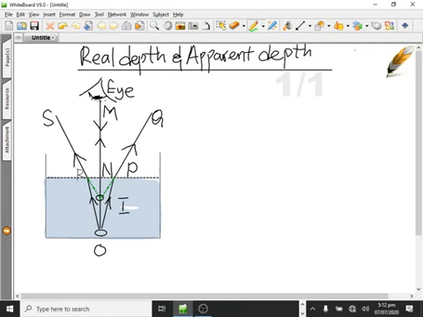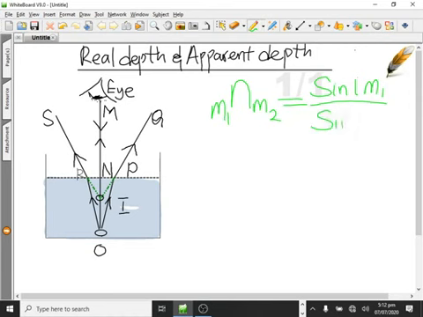And I told you that when you are dealing with the refractive index of air and glass, for example, let's say medium 1 and medium 2, the refractive index of medium 2 with respect to medium 1 will be equal to what? Sine i in medium 1 over sine r in medium 2.